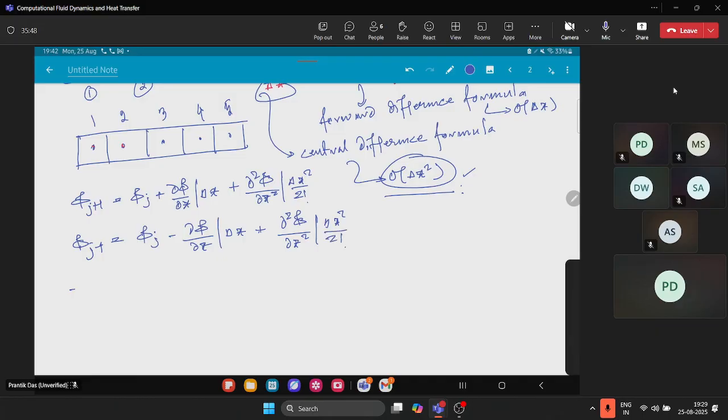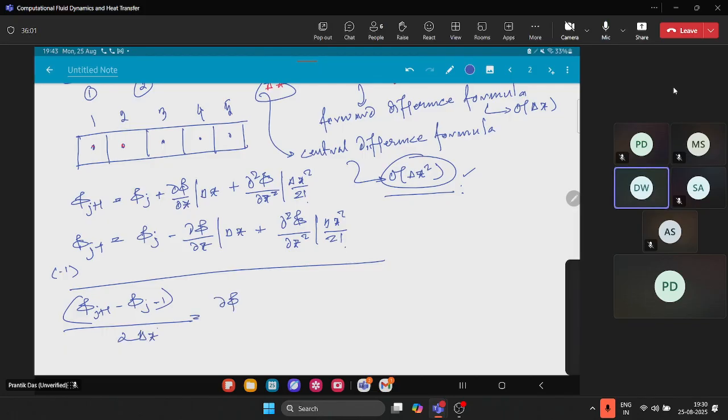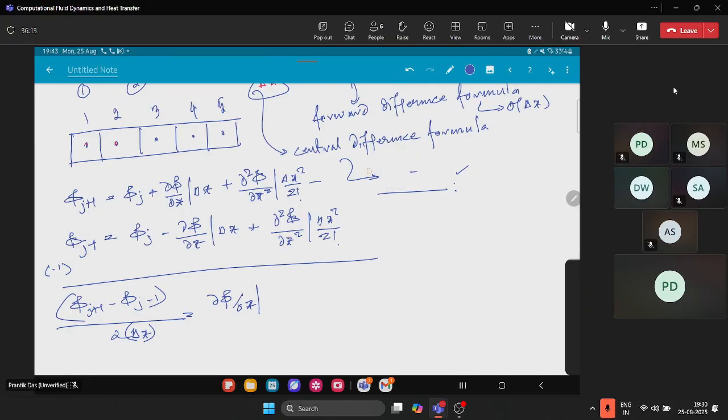Then what I do is subtract both of them, then it becomes (phi j plus 1 minus phi j minus 1) divided by 2 delta x equals d phi dx plus another term, d cube phi dx cube delta x cube by 3 factorial.